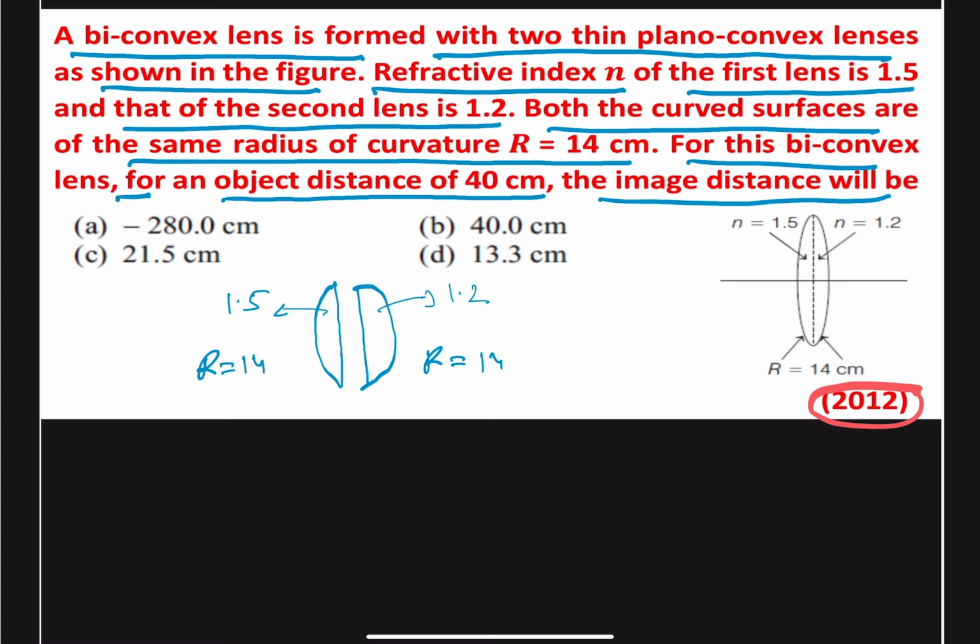So for 1.5, let us call this n1, and for 1.2 let us call it n2. And the object distance u is minus 40 centimeters. Let us call this part the first one and this the second one.